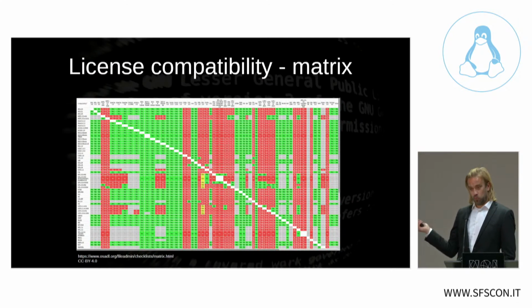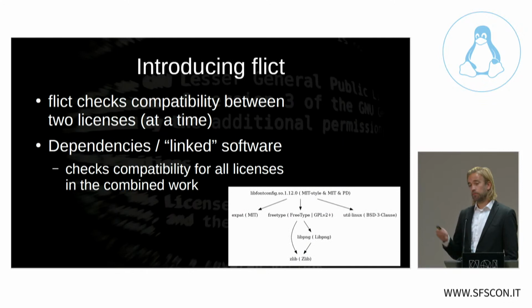So the next step was to try to use the matrix from OSADL, and we're still using this one. It's detached from the rest of the tool, how we check the compatibility between two licenses. More on that later.